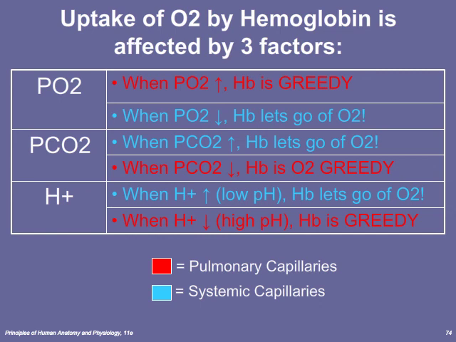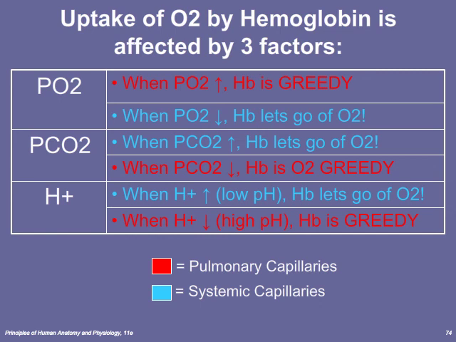Remember that we said that if the partial pressure of oxygen is high, hemoglobin is greedy and grabs a hold of and hangs on to all the oxygen it can get a hold of. And we typically find this situation within the pulmonary capillaries, whereas oxygen concentrations tend to be lower within the systemic capillaries, and as a result, hemoglobin readily lets go of oxygen. Same for CO2. The CO2 levels tend to be high within the systemic capillaries and low within the pulmonary capillaries, and so this also affects hemoglobin's affinity for oxygen.